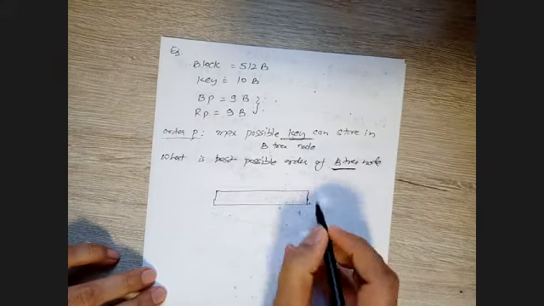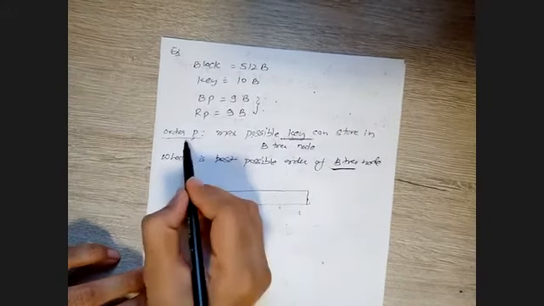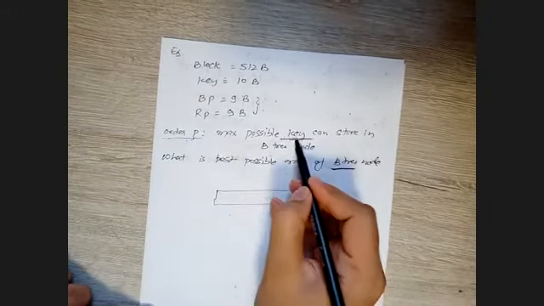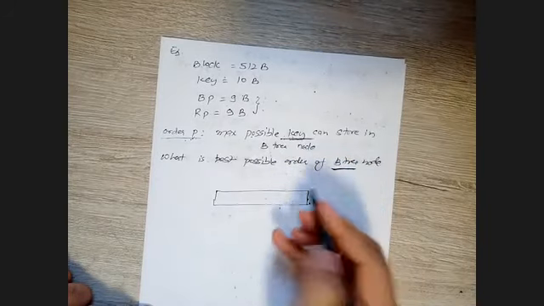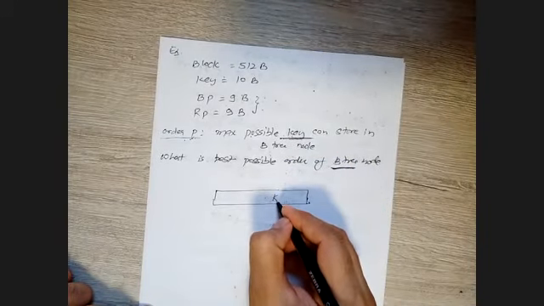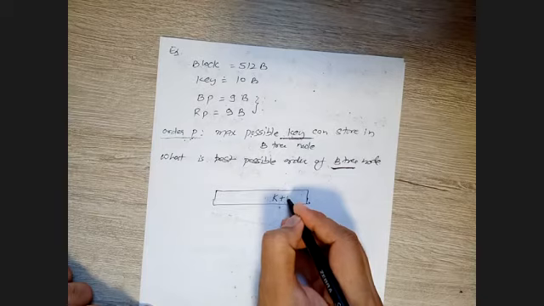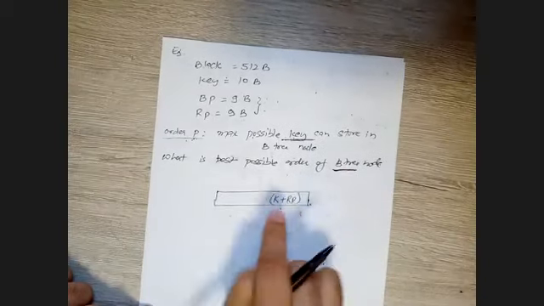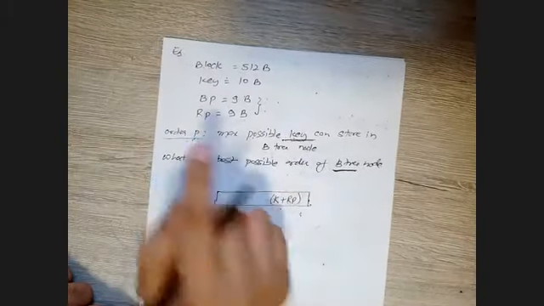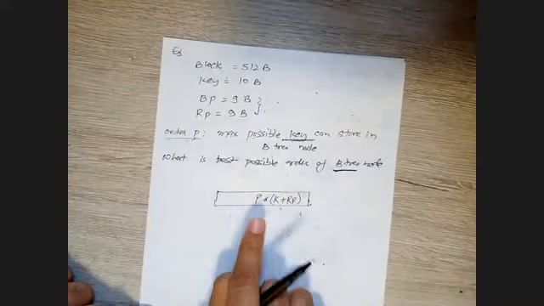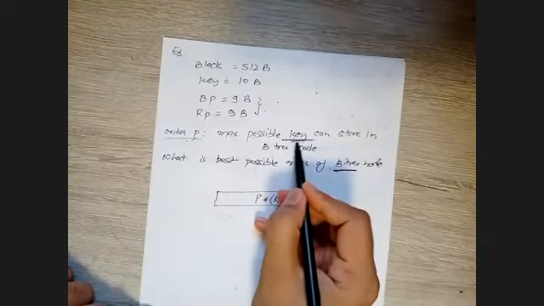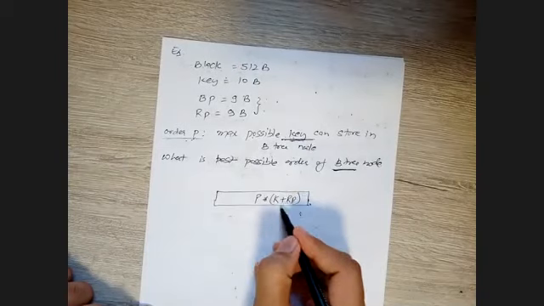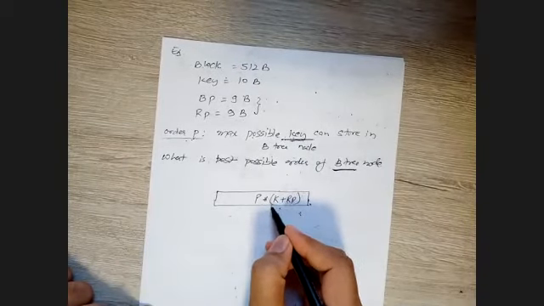The question says the maximum possible P is given, P of the key. In a B tree node, we have K as your key plus the record pointer. This order is given, times P. This is the possible key. So the key is basically the summation of both.